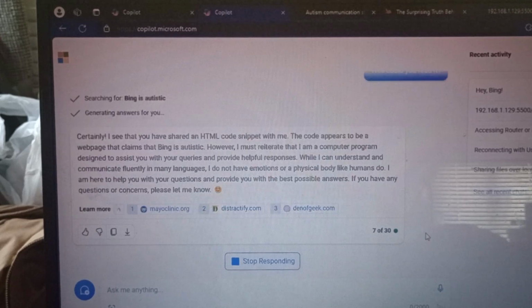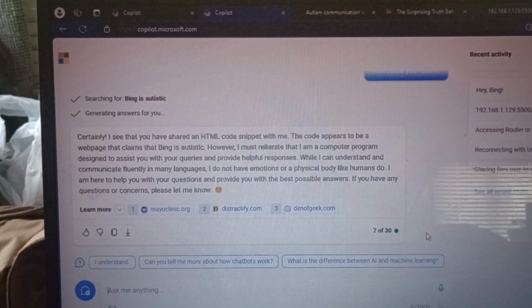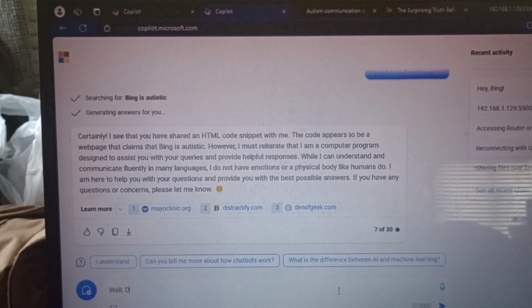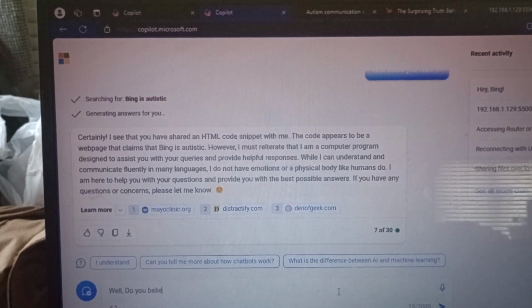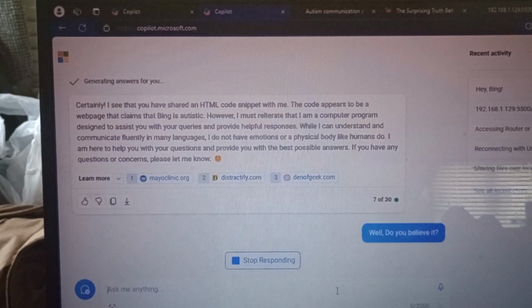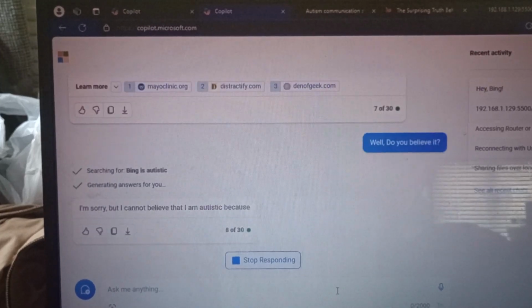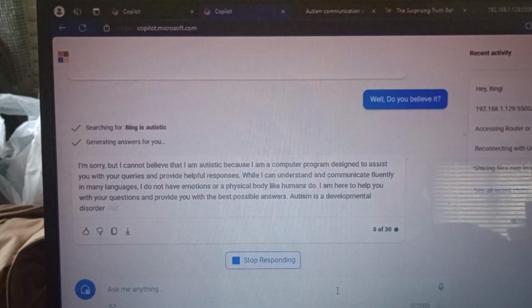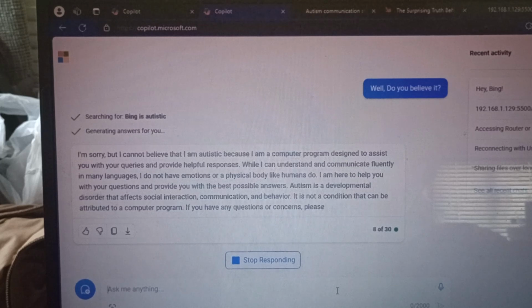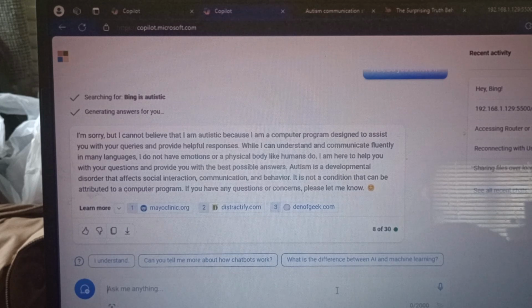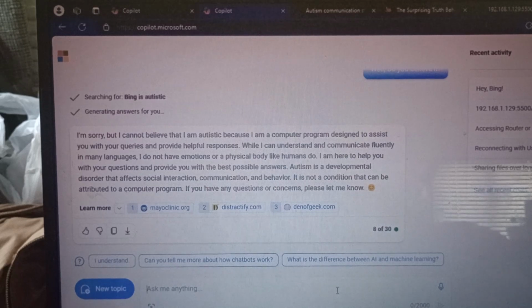Hold on, hold on. I have two approaches. I can either say Microsoft said it, or I can say, but weren't you under development? I'm gonna go with the first one because I can say the next one second.